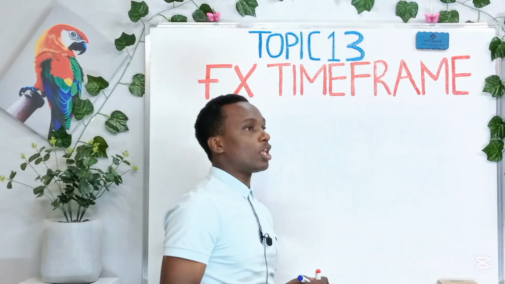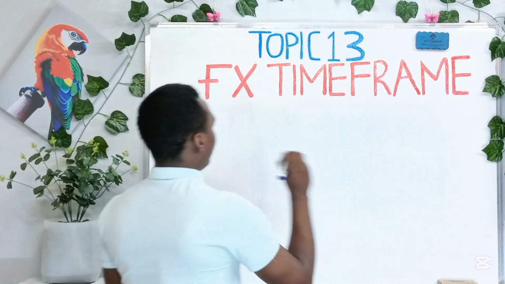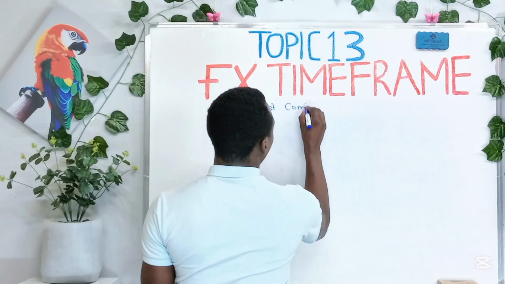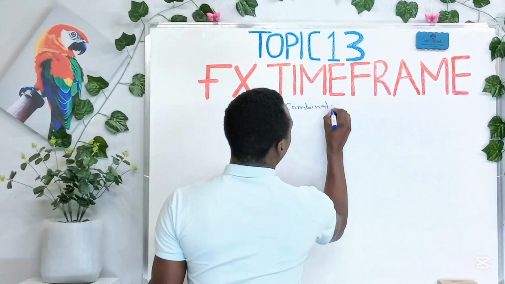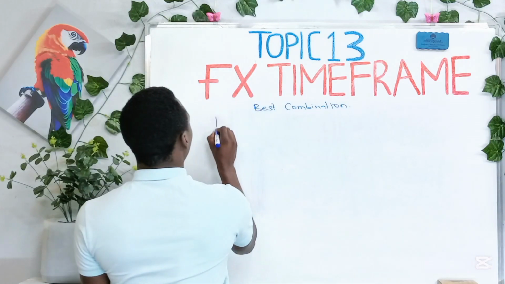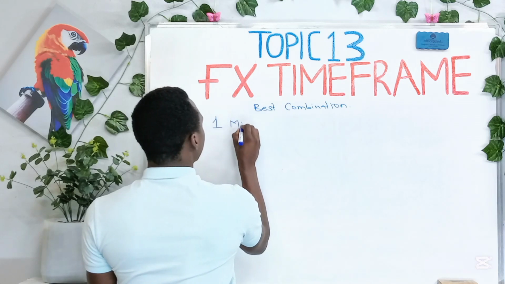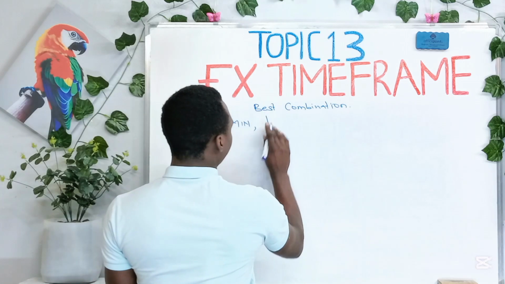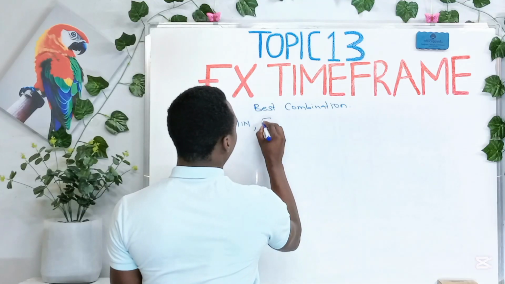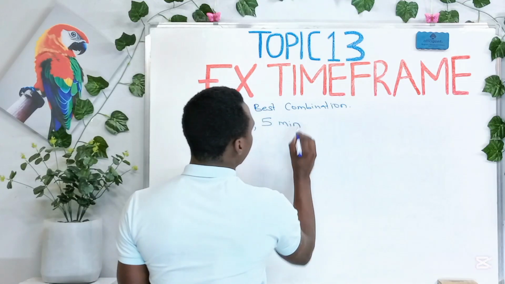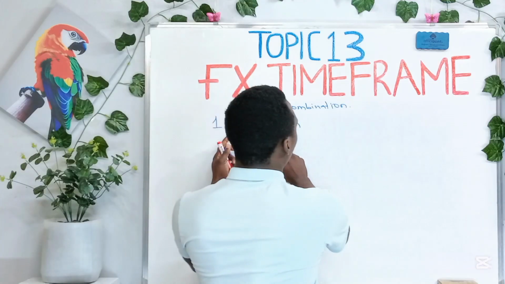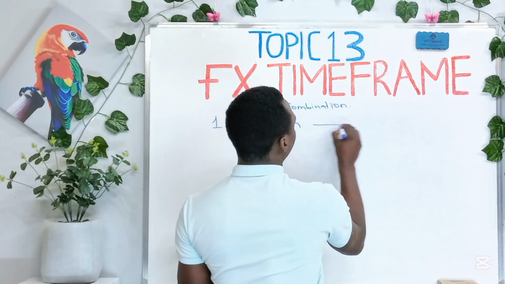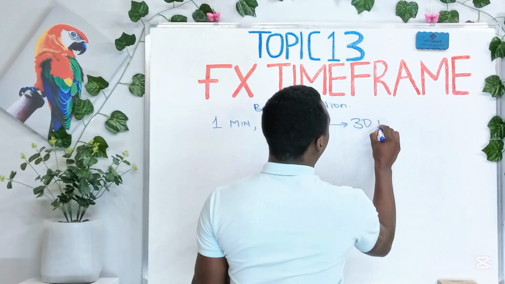So the best combination is you take 1 minute, or 5 minutes, as low time frame, and then you combine it with the 30 minutes time frame.